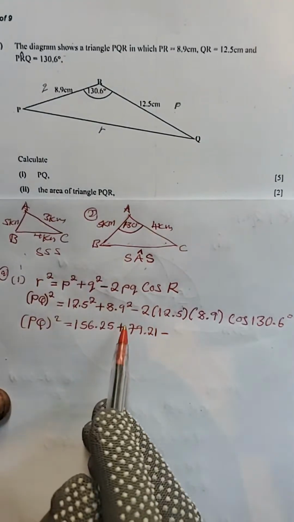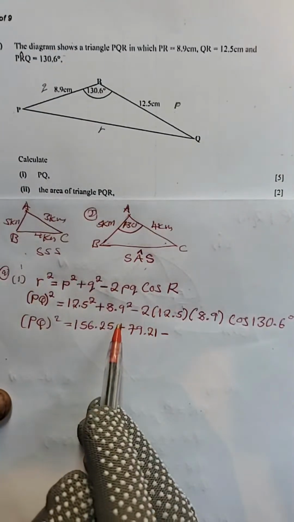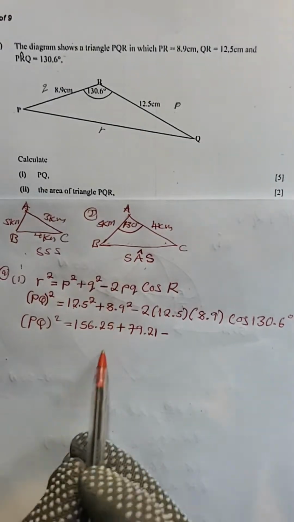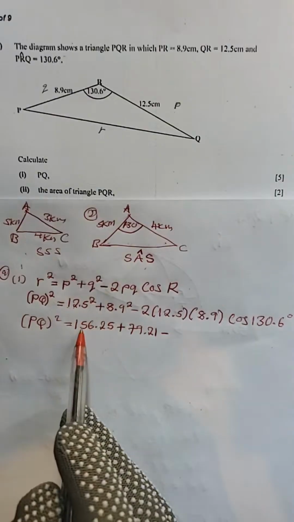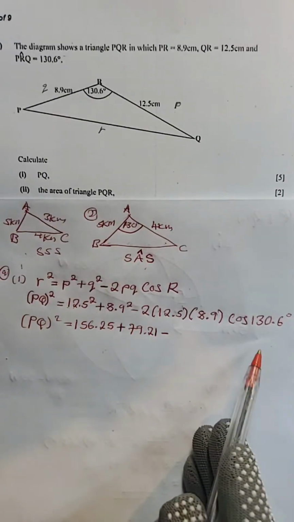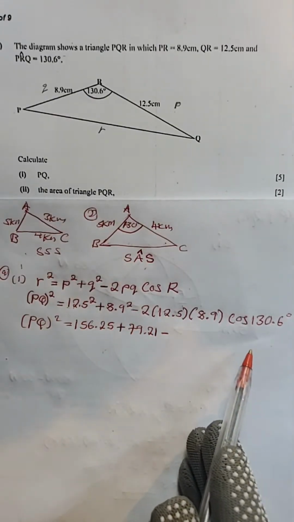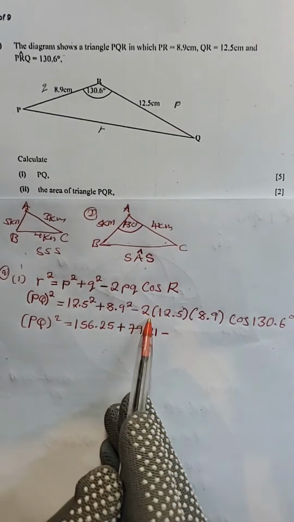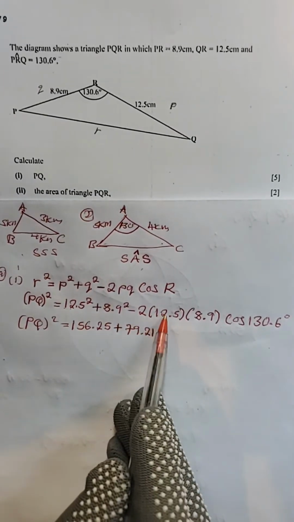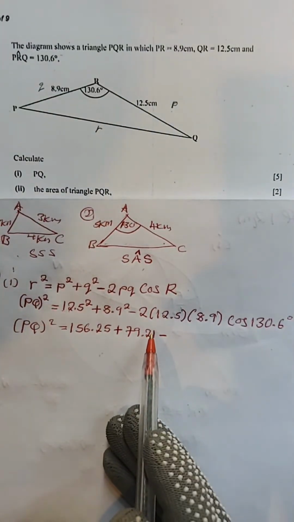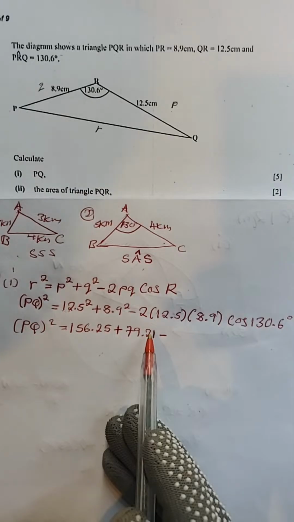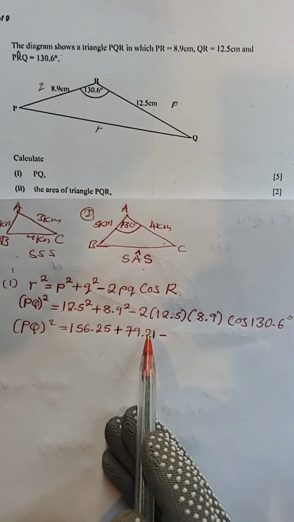So we see every stage here is very important. This is 5 marks, guys. You can punch everything in the calculator and it gives you the one answer, but it's 5 marks. You need to show every stage. So here just multiply these 3: negative 2 times 12.5, times 8.9.